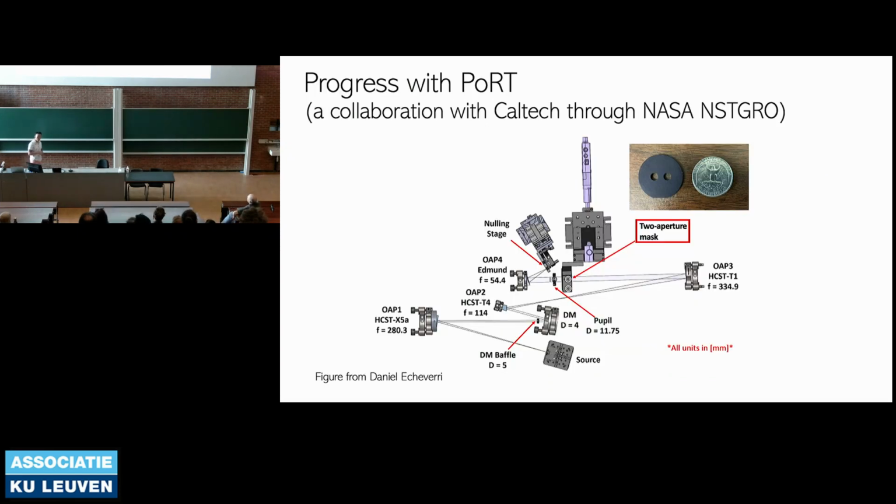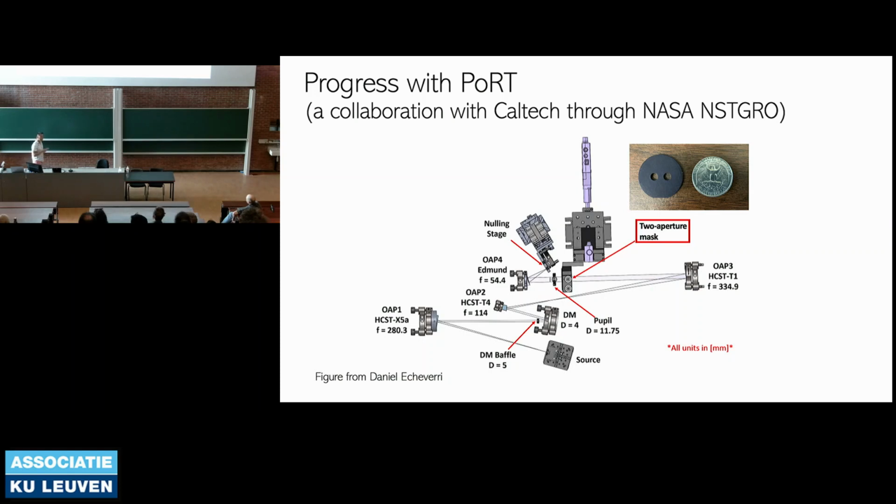And this is something that we are doing in collaboration with Caltech, which has a high contrast imaging test bed. What we're trying to do here is, instead of creating two paths using a beam splitter, now we create the two paths using an aperture mask, which is shown on the top right.